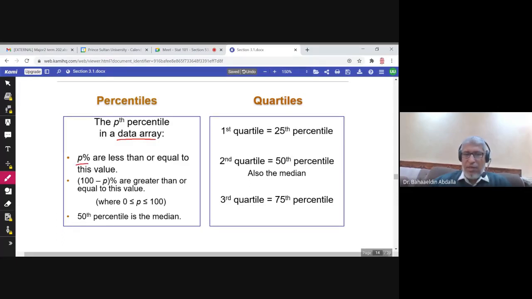P% are less than or equal to the pth percentile, and 100 minus P% are greater than or equal to this value.